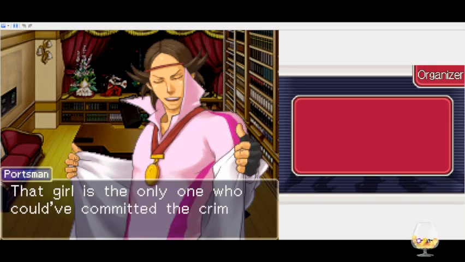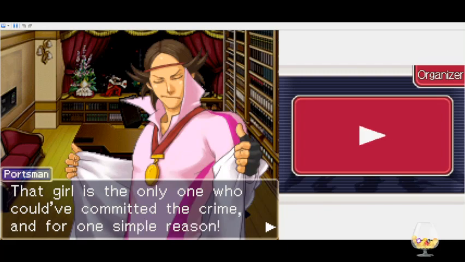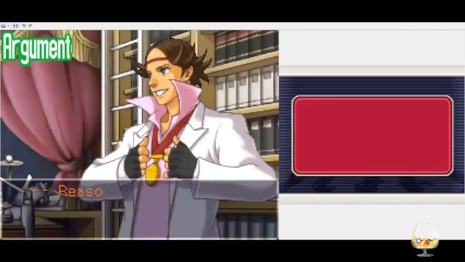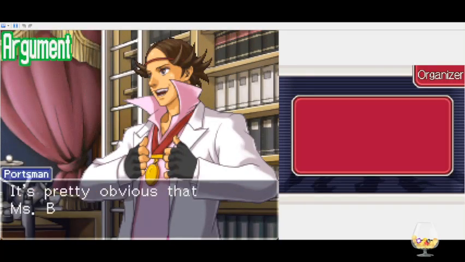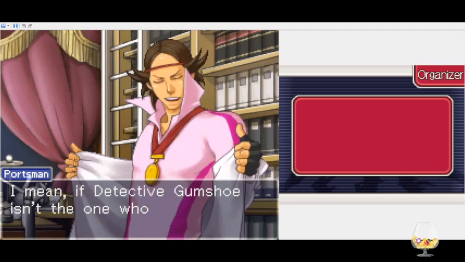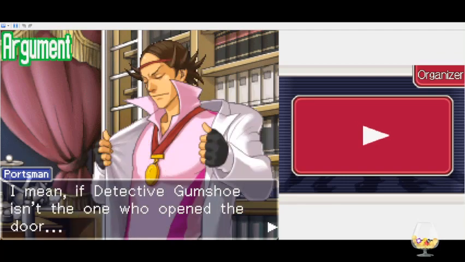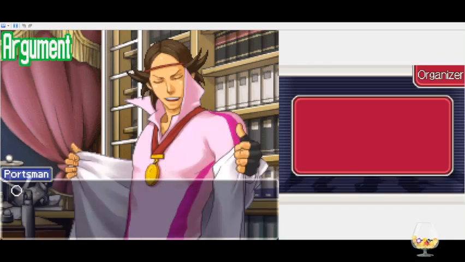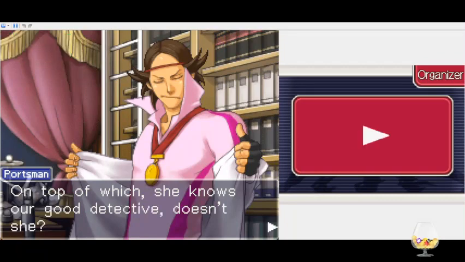That girl is the only one who could have committed the crime, and for one simple reason. It's pretty obvious that Ms. Bird snuck into your room using the master key. I mean, if Detective Gumshoe isn't the one who opened the door, then that leaves only Ms. Bird as our prime suspect. On top of which, she knows our good detective, doesn't she?